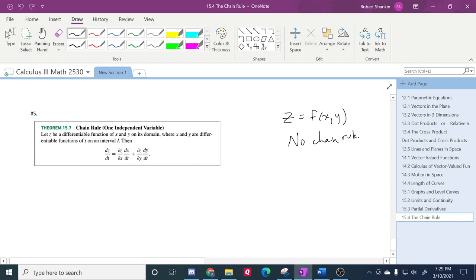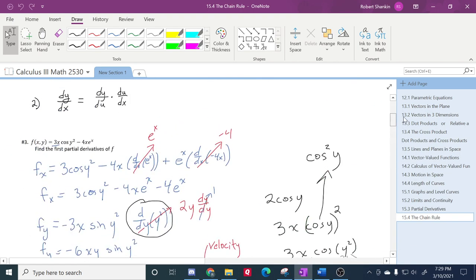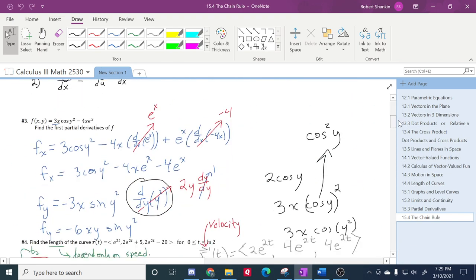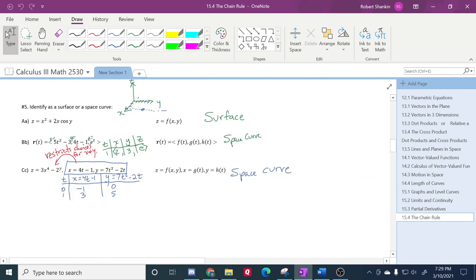And then, let me scroll all the way up to the top. And we get a curve in 3 space, that's not right, a surface. Not a surface, then we're in this situation. We're at a space curve, and then we have a new chain rule. So it's a specialized situation when we have chain rules in 3 space. Not always. This one, there's no chain rule.